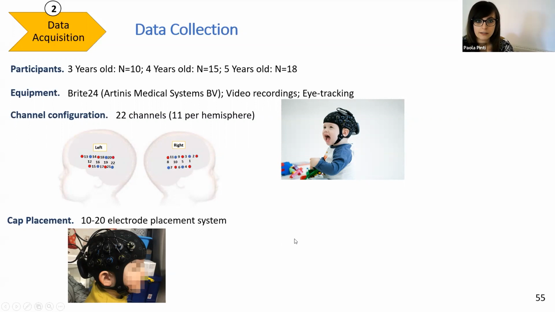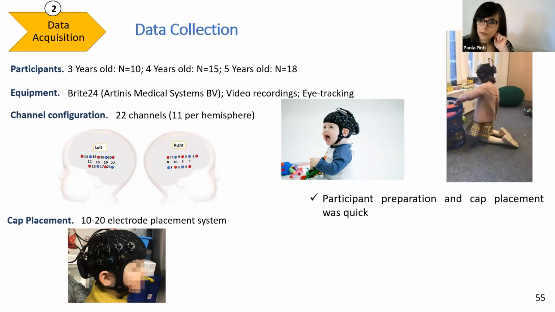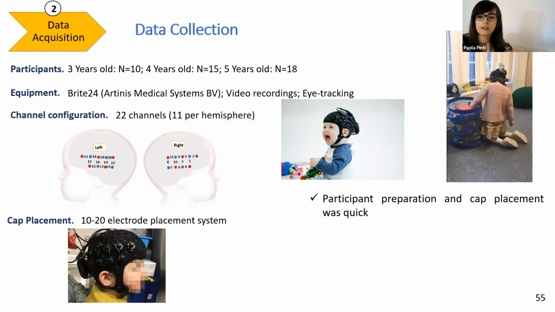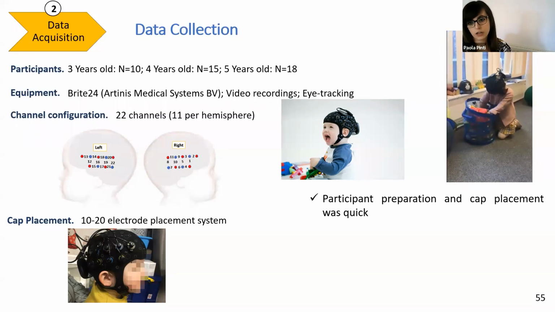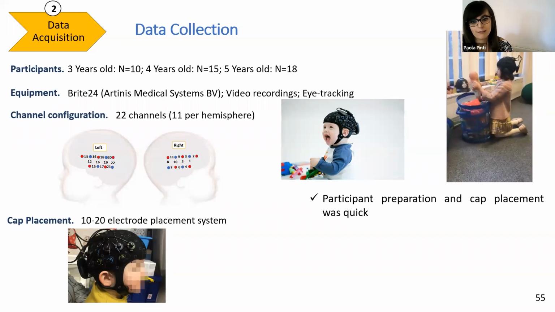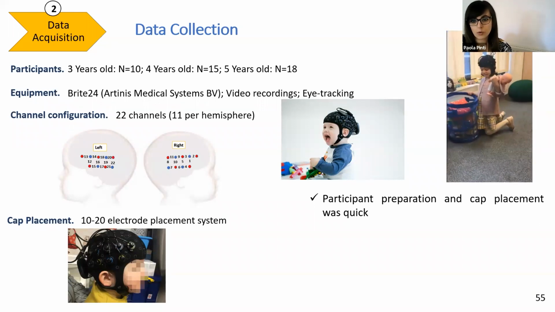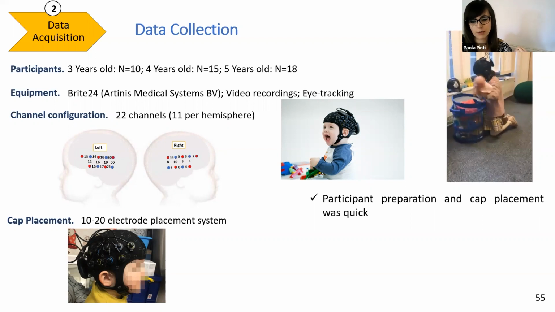In general, in terms of our perspective on the data collection, we found that having a wearable system with optodes and the device already plugged onto the cap made the participant preparation a little bit easier compared to conventional lab NIRS equipment with long wires and long fiber bundles.